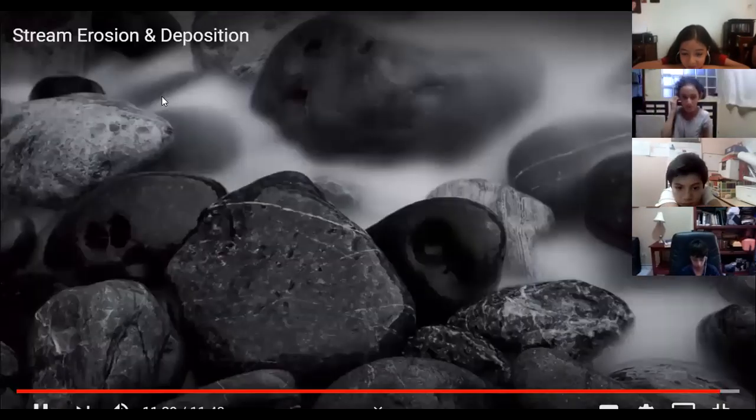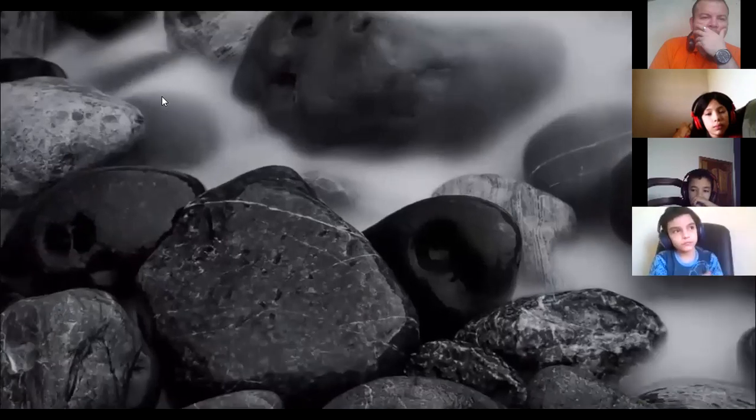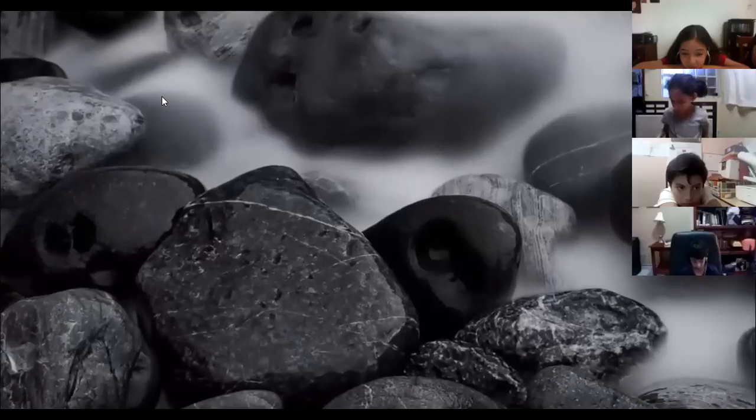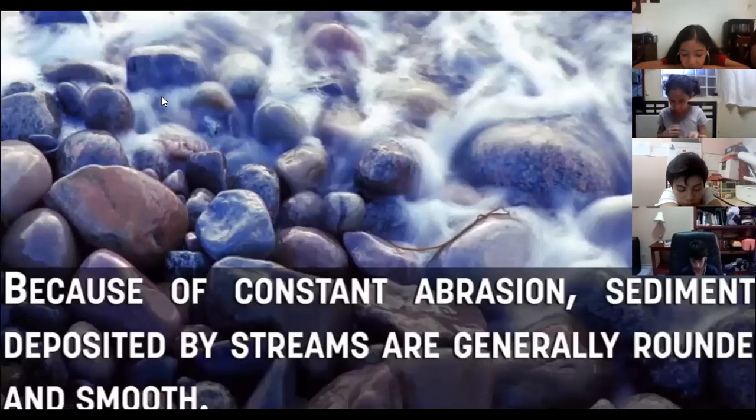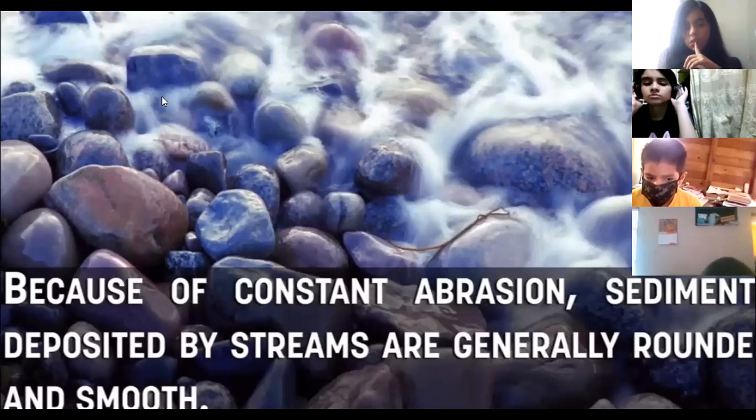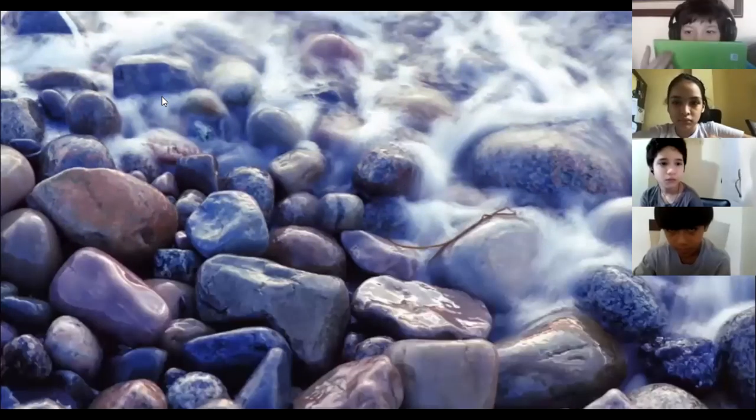So in general, the rocks in fast-moving streams and rivers are going to be smooth and rounded. The more rounded they are, the longer they've been exposed to the river. That's it for now, and thanks for watching.